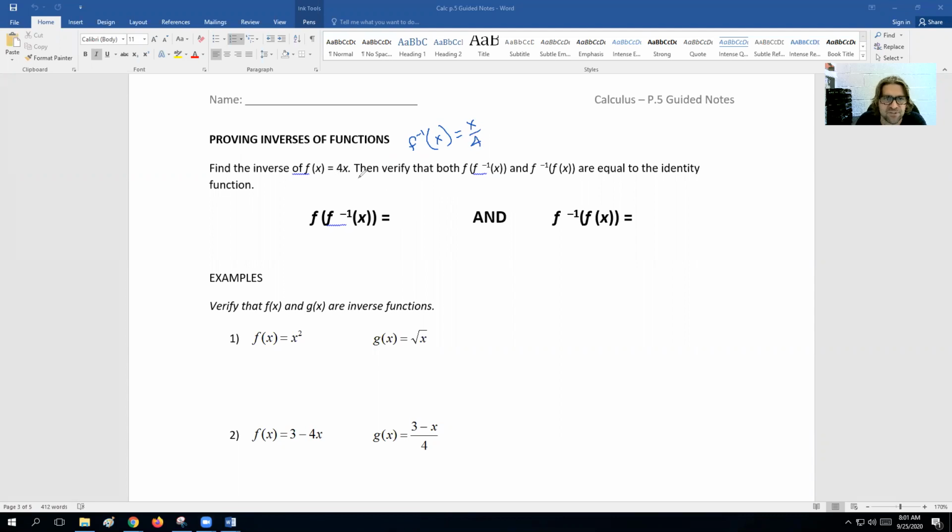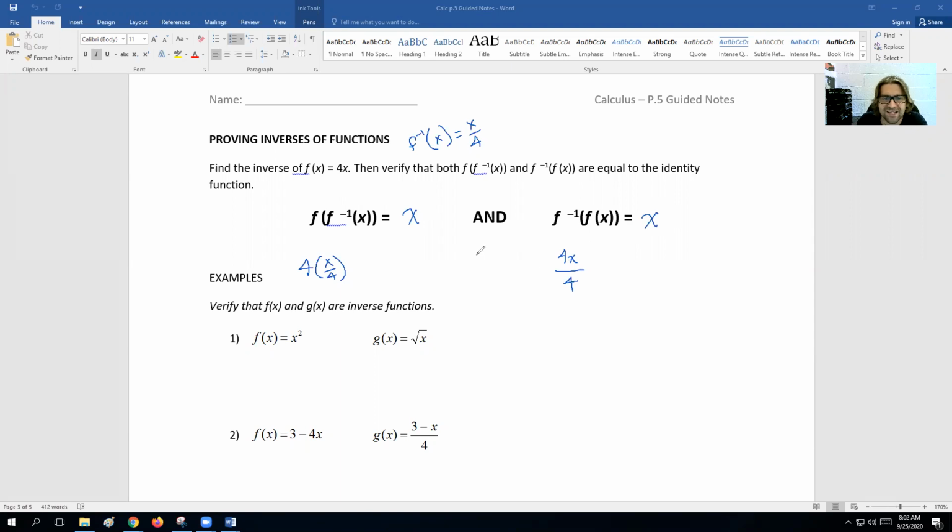If I took the inverse function, x over 4, and plugged it into the original function, I would just get x. If I did it the other way too, if I took the original function and plugged it into the inverse function, I'd still get x.